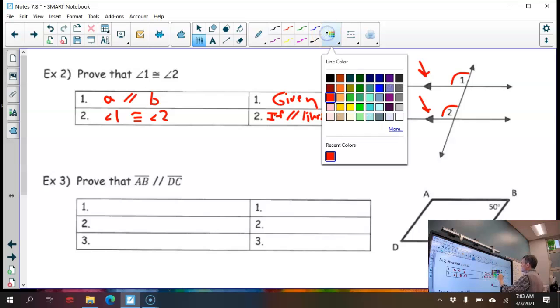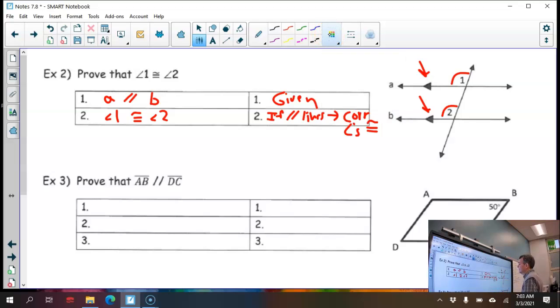Or, I suppose we could name the theorem, that is the corresponding angles theorem. But I kind of like better writing down what the corresponding angles theorem says. If parallel lines, then corresponding angles congruent. To me, that's a better way to do the proof.